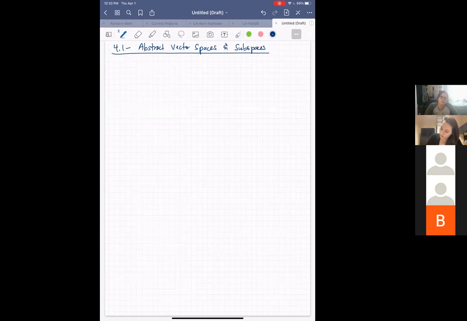So for our definition, a vector space, we usually use a capital V. If we're talking about two vector spaces, we use capital V and W. Those are the standard notation for these.